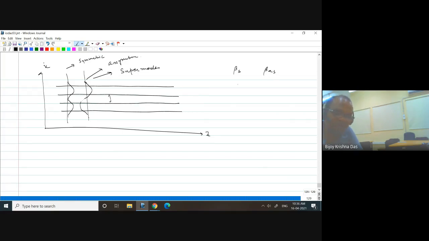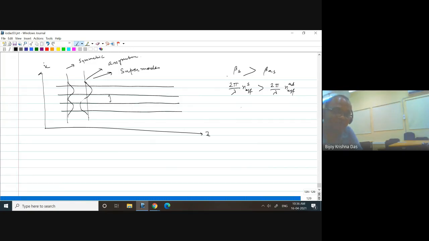The symmetric and asymmetric super modes have propagation constants beta s and beta as. Most of the time beta s is greater than beta as. At a particular wavelength, 2 pi by lambda n effective s must be greater than 2 pi by lambda n effective as.